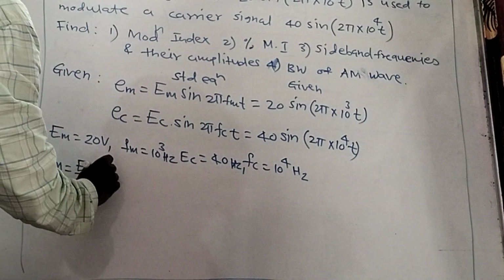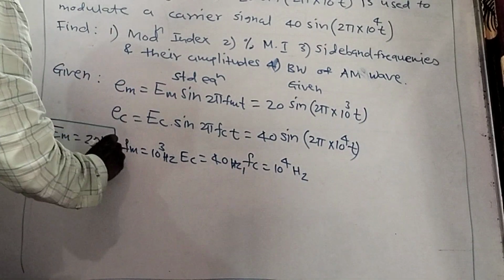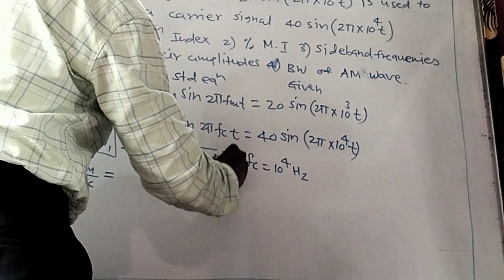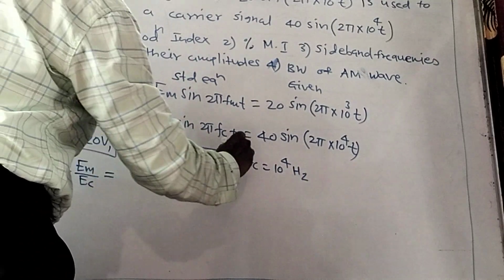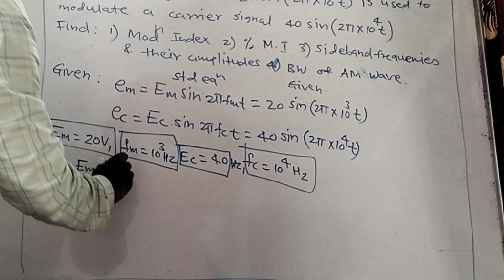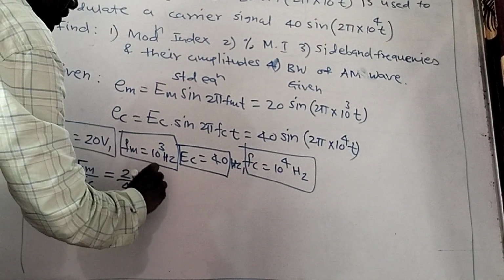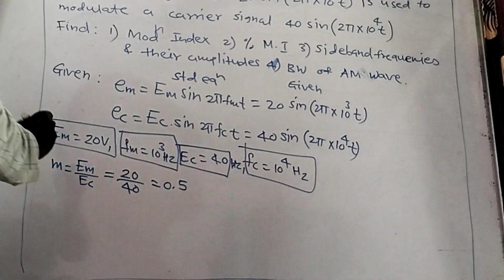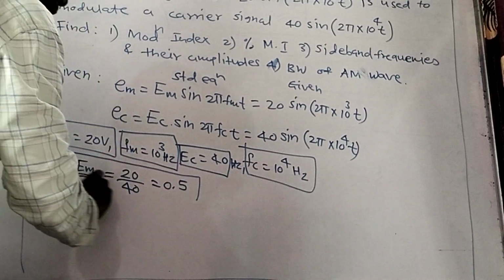EM is equal to 20 volt, EC is equal to 40 volt, so that is equal to 20 divided by 40, that is equal to 0.5. So this is my modulation index of AM wave.